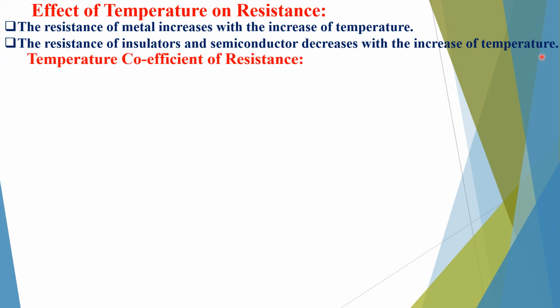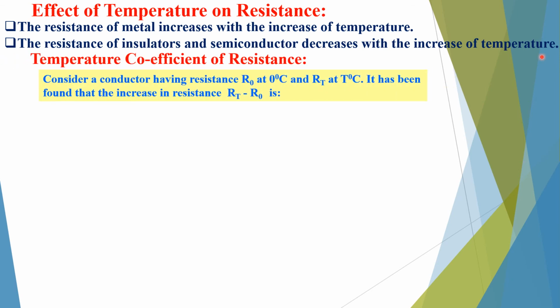Temperature coefficient of resistance. Now we will derive temperature coefficient of resistance. Consider a conductor having resistance R0 at 0 degree Celsius and RT at T degree Celsius. Here R0 is initial resistance of the conductor at 0 degree Celsius and RT is final resistance of the conductor at T degree Celsius.